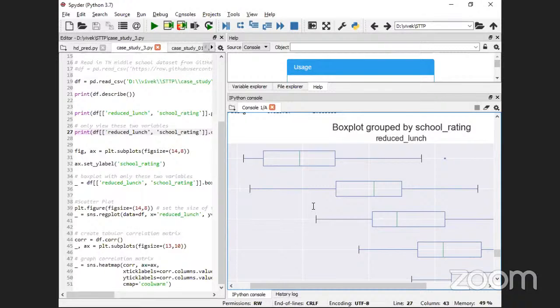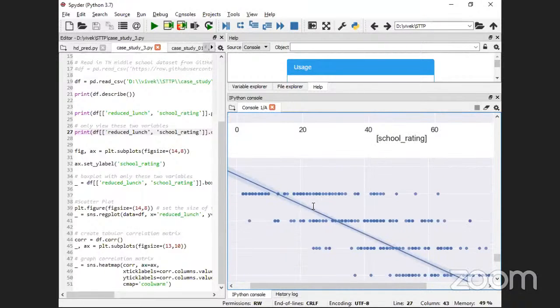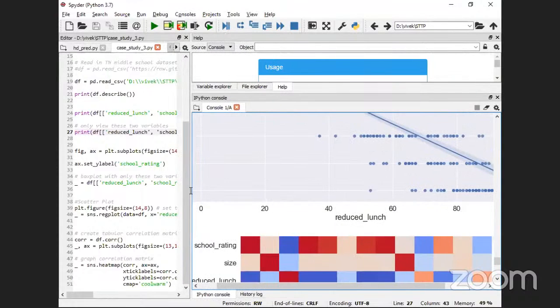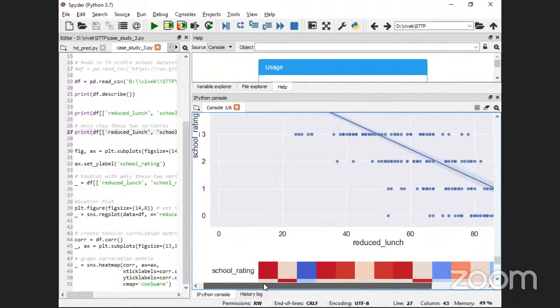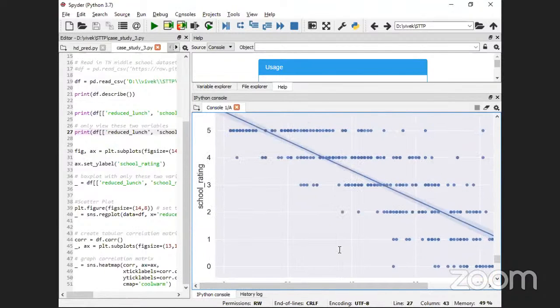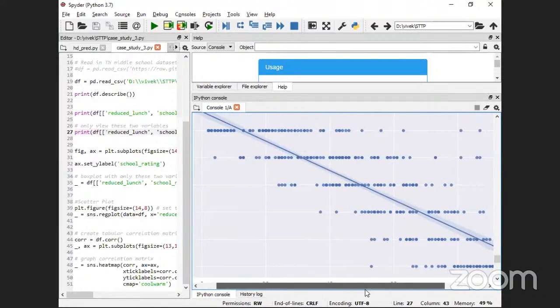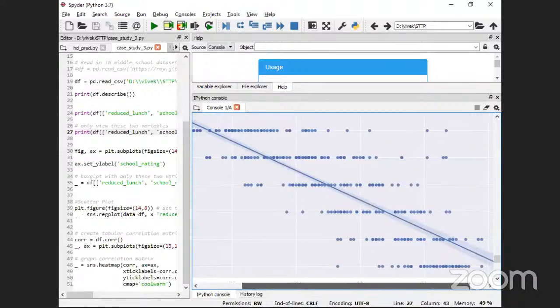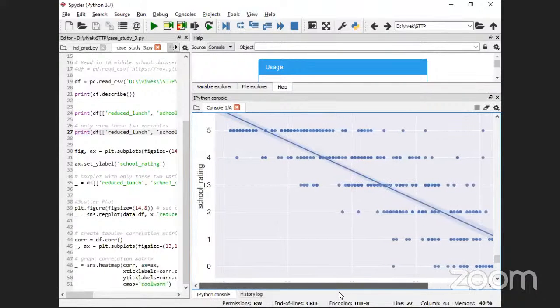And further is the scatter plot. You can again do the same analysis with respect to reduced lunch and school rating. You can see a linear line drawn here. Whenever there is a low reduced lunch, it is very close to the mean value.